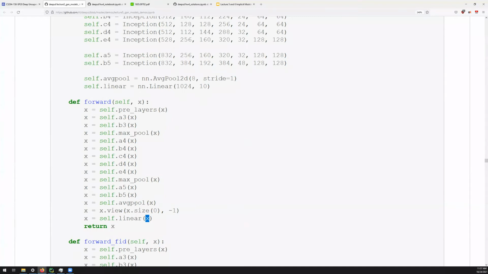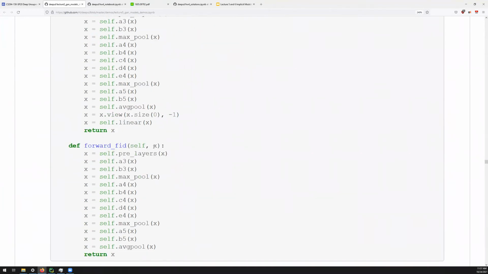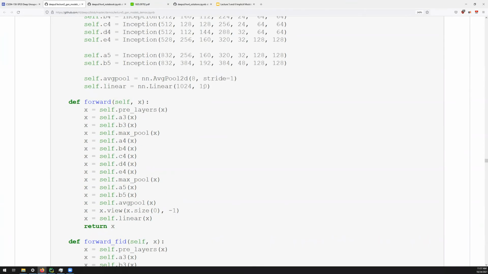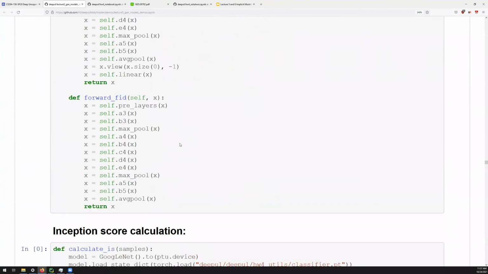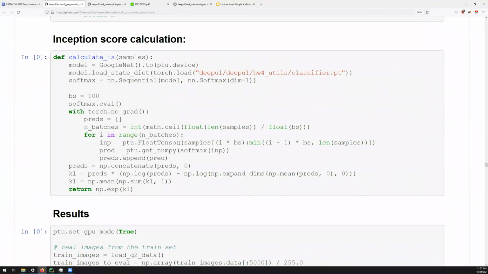And it gives you the 10 different classes. But in this one, you just remove the last layer. So you do everything except you go all the way to the average pool. Then instead of 10, you have 1024.